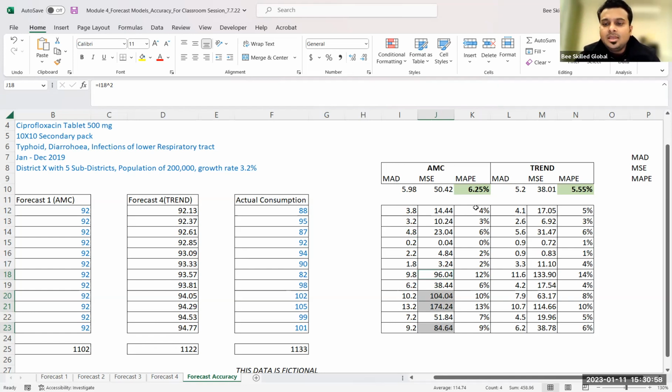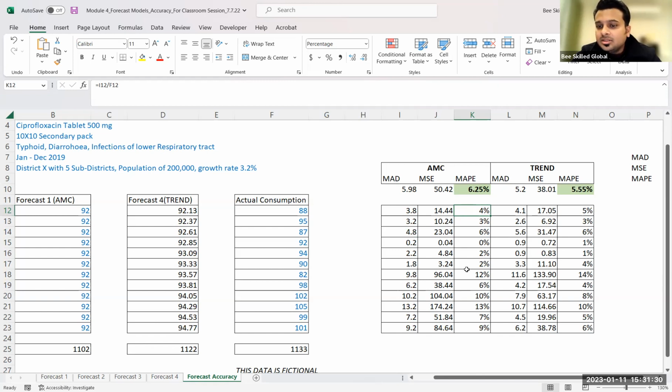Okay. And then the last one is mean absolute percentage error. So same, month on month, we will understand the percentage. To do that, it is the error divided by actual consumption. So I12 divided by F12. If I divide I12 by F12, mean absolute deviation divided by actual consumption, I get the absolute percentage error.